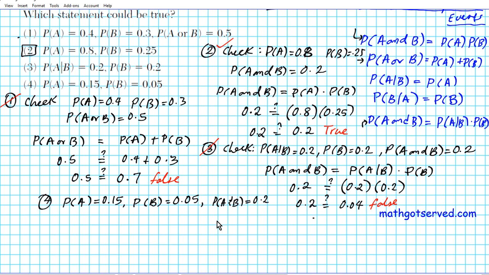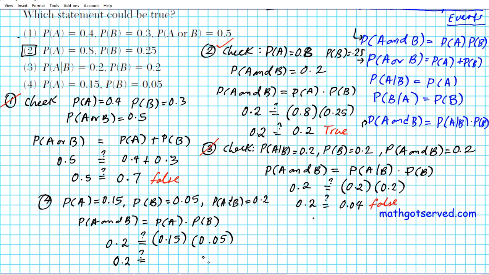All right, so let's write down the equation that relates these three values here, which is that probability of A and B is equal to probability of A times probability of B. So the question is, probability of A and B is 0.2. Is it equal to probability of A, and this given information right here is 0.15, times probability of B, which is 0.05?